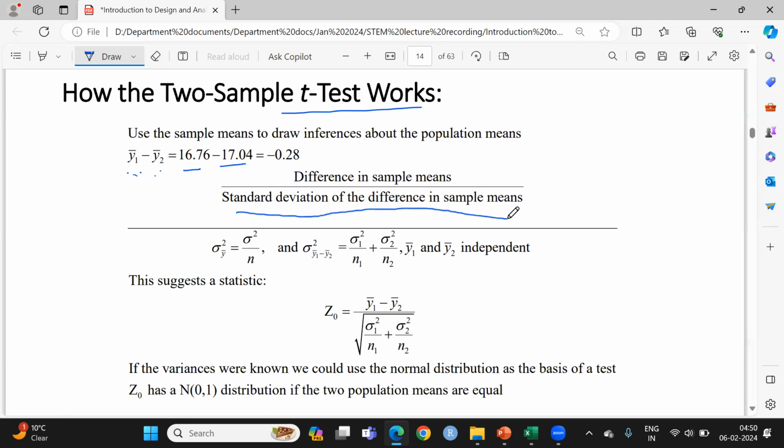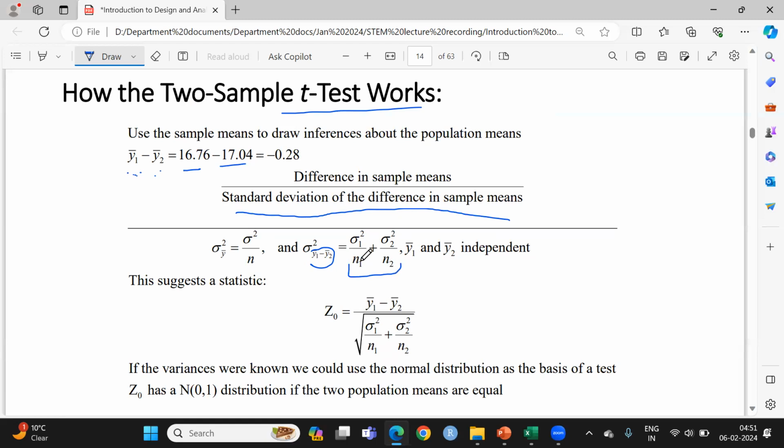in the sample mean. Okay, so here I'm going to tell you that although the term is written as standard deviation of the difference in the sample mean, we have a formula that when we derive the difference of the mean, that is y1 bar minus y2 bar, and then we want to derive the standard deviation, the formula is positive.